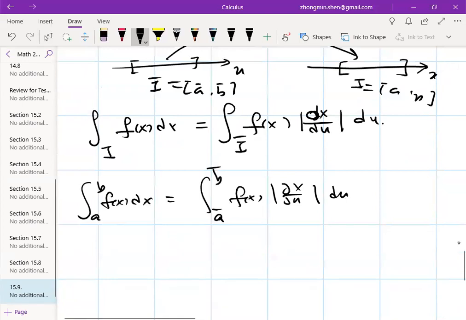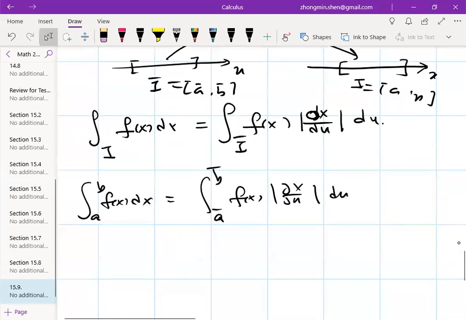In the case where the derivative is negative, then I have to put the B bar here and the A bar on the top, with no absolute value.